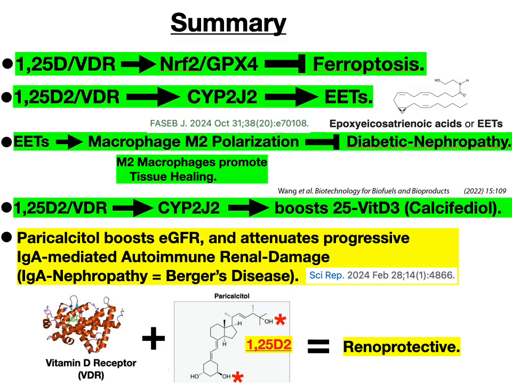We also began a discussion of a key paper published in 2024 showing that paracalcitol is renoprotective and that in the case of IgA-mediated nephropathy, which is known as Buerger's disease, paracalcitol is able to boost estimated glomerular filtration rate in a number of patients. It also attenuates progressive IgA-mediated autoimmune renal damage.